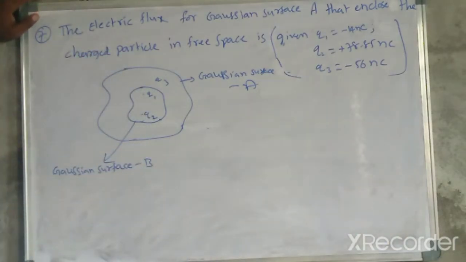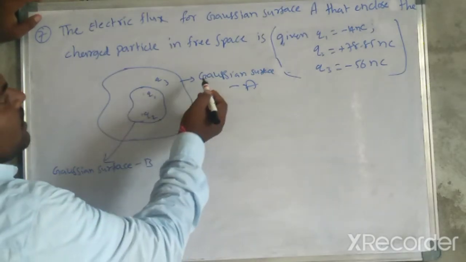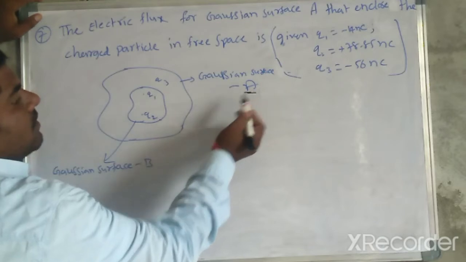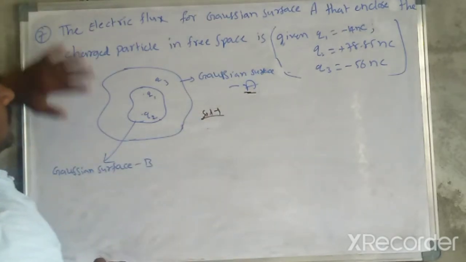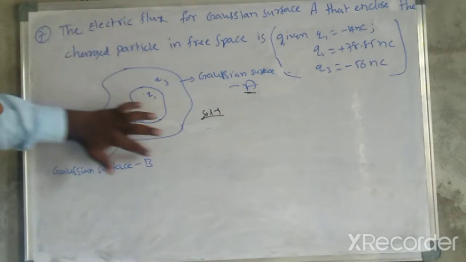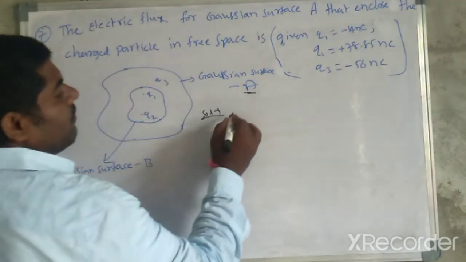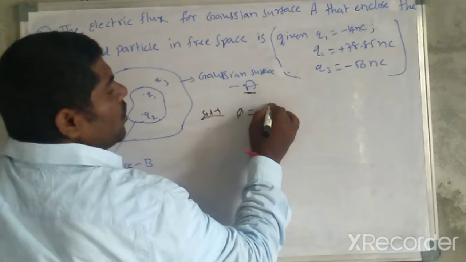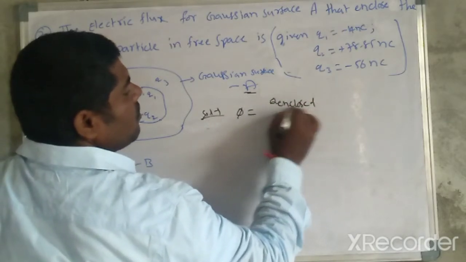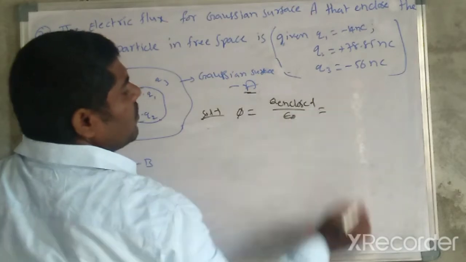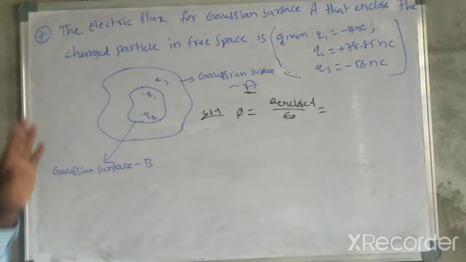So what are they asking? Total flux. Which Gaussian surface? A Gaussian surface. So solution. See the diagram, this one is a Gaussian surface. So flux is equal to Q enclosed upon epsilon naught.